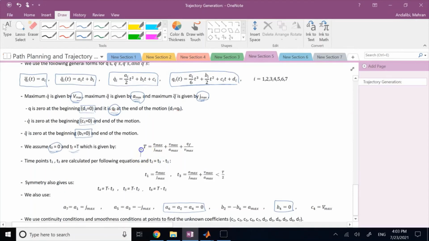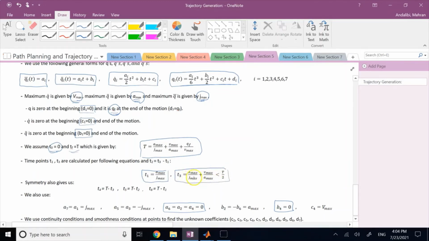Your final time can be given by this formula: Amax over Jmax plus Vmax over Amax plus QF over Vmax. Your T1 time comes from Amax over Jmax. Your T3 is going to be Amax over Jmax plus Vmax over Amax, and it has to be less than T over 2.